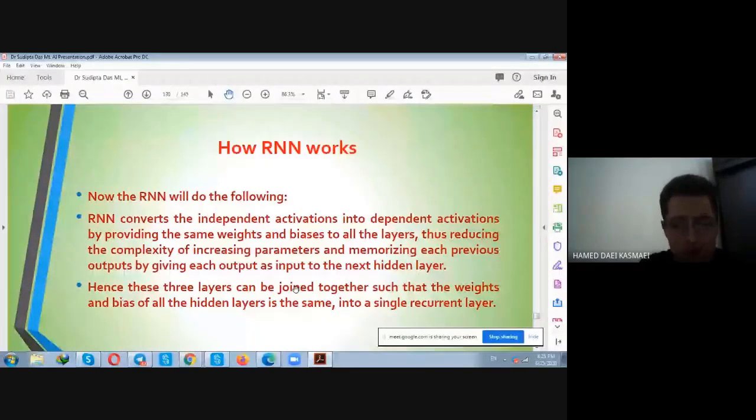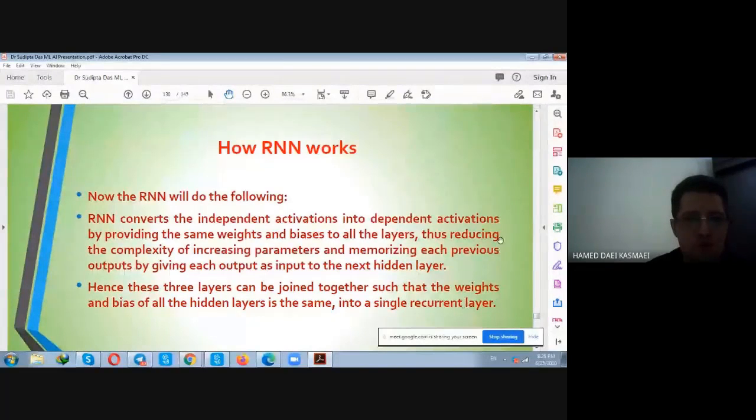Therefore, they reduce the complexity of increasing parameters and memorizing each previous output by giving each output as input to the next hidden layer. So the output will be substituted as an input value, and then it goes to the next layer. Hence, these 3 layers can be joined together such that the weights and biases of all the hidden layers are the same, into a single recurrent layer.